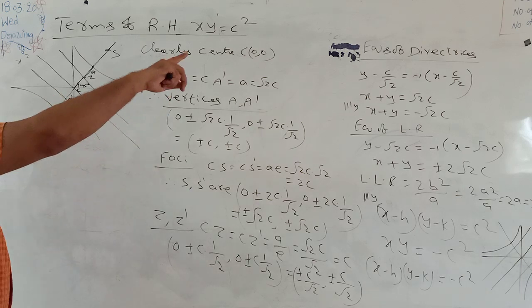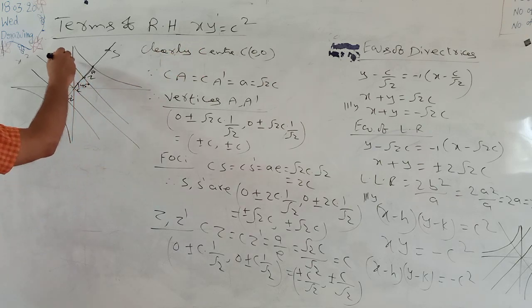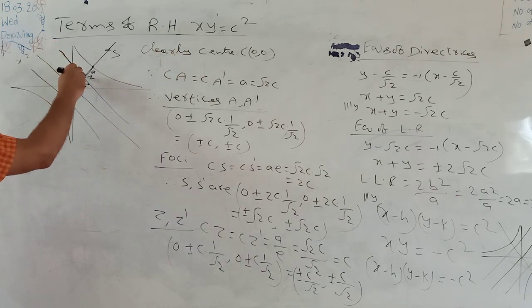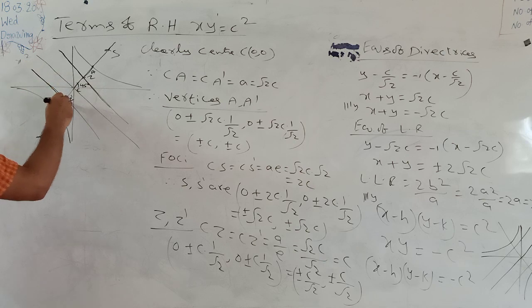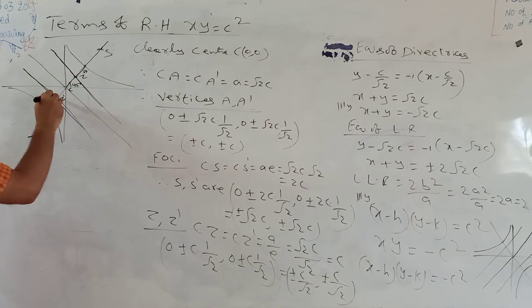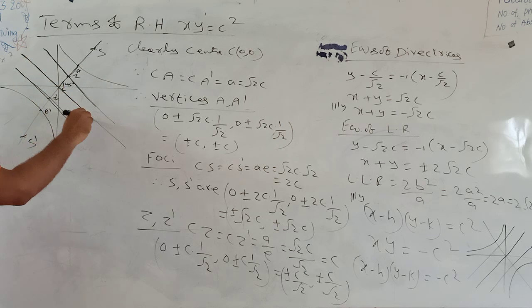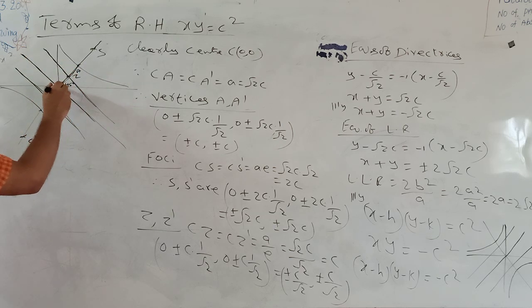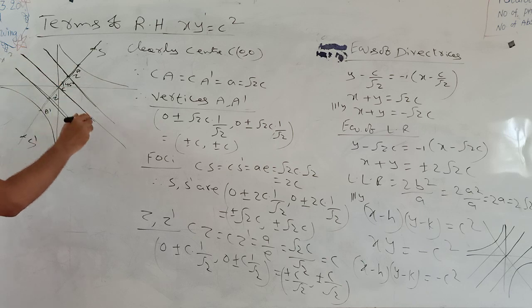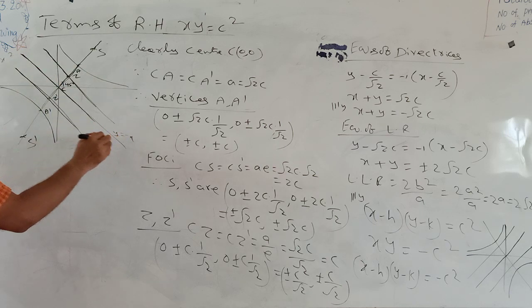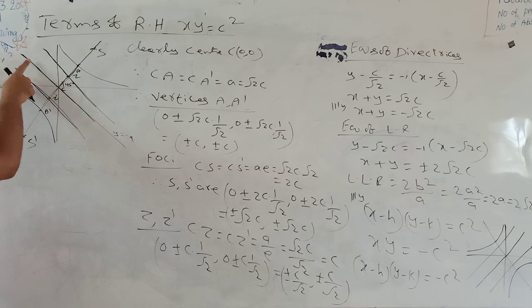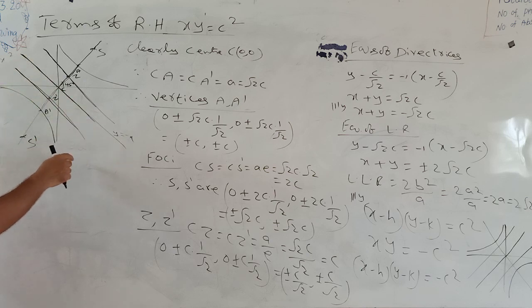Next, equations of directrices. See the conditions of directrices. Directrices pass through the points Z and Z dash and are parallel to the line y equals minus x. This is y equals x and this is y equals minus x. The slope of y equals minus x is minus 1.